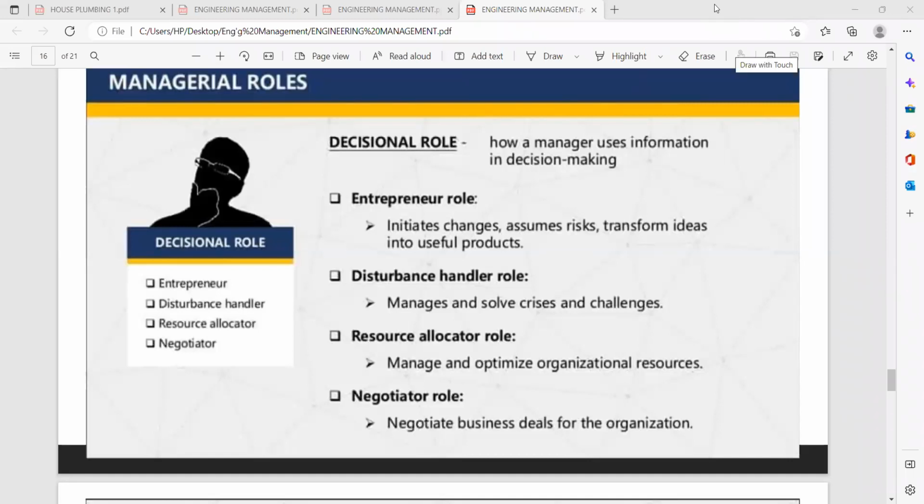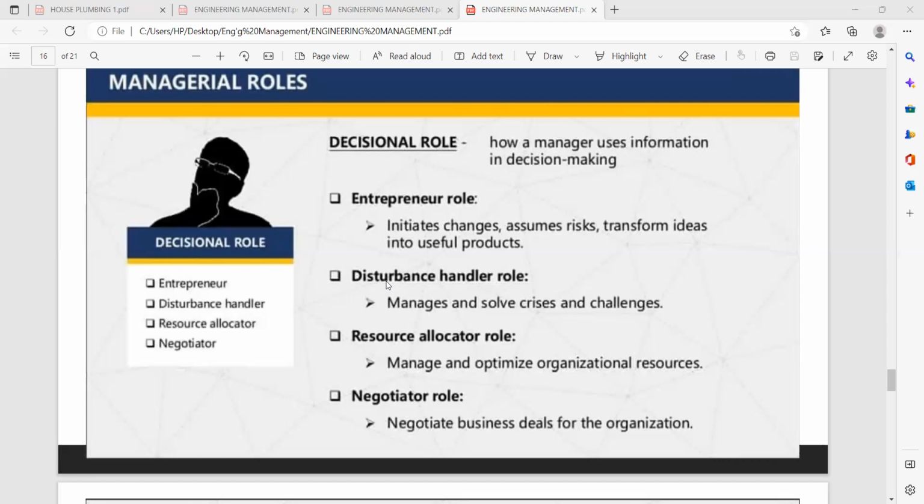Okay, so next is yung ating roles as a decision maker. It is how a manager uses information in decision making. So here, the entrepreneur role: initiate changes, assume risks, transform ideas into useful products. The next is the disturbance handler role.